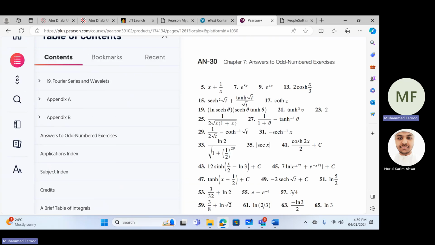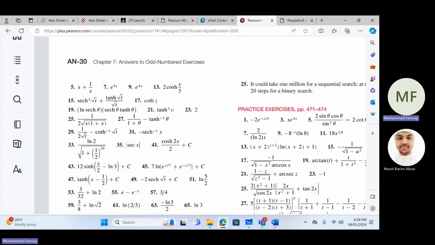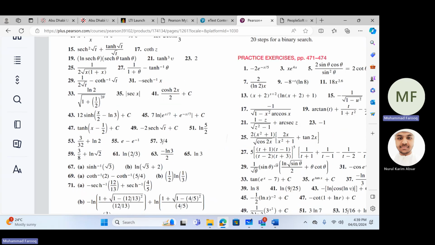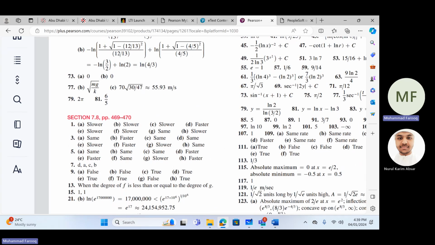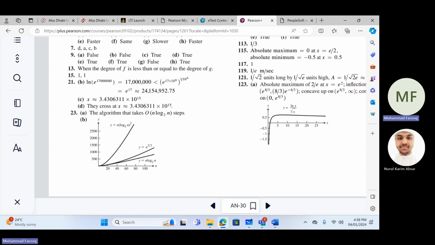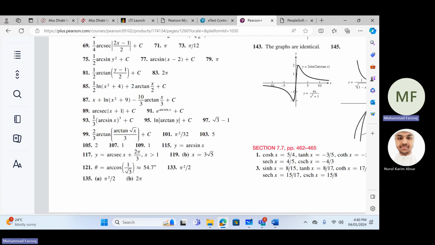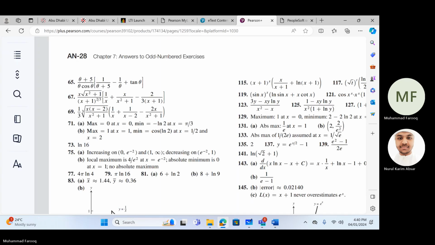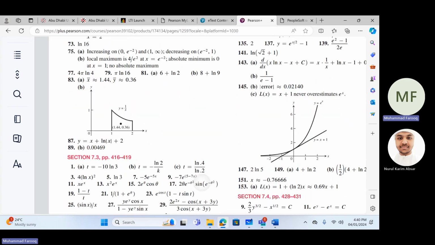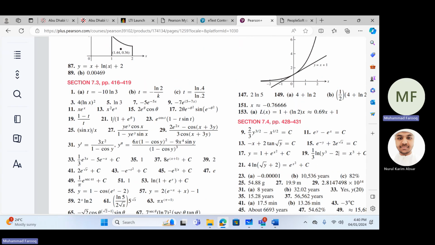The correct answer is y e^y cos x divided by 1 minus y e^y sin x.